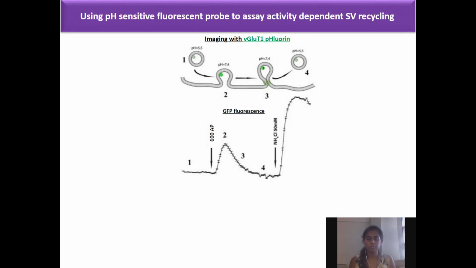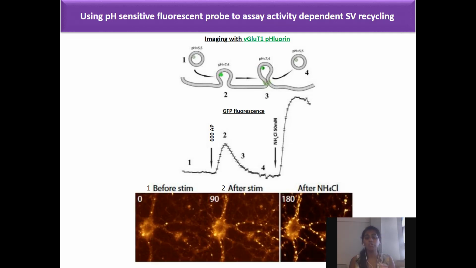Here is an example of hippocampal neurons transfected with vGlut-pHluorin. The first image shows baseline fluorescence before stimulation. Then you can see the increase in fluorescence at boutons after stimulation, and finally the ammonium chloride, which reveals the entire synaptic pool.